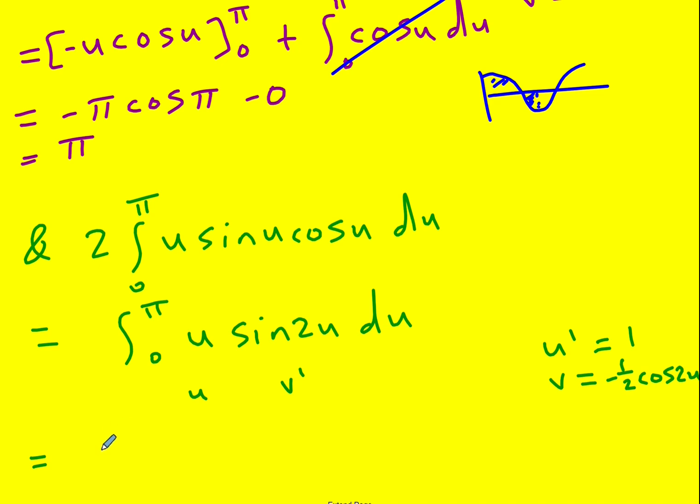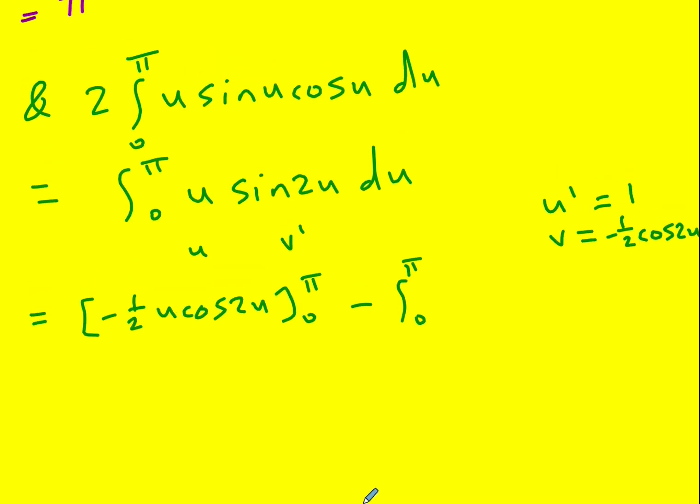So I'm going to get minus a half u cos 2u evaluated between 0 and pi, and then I'm minusing the integral 0 to pi of minus a half cos 2u. Because it's a minus again, that will become a plus. For the same reasons as before, now we've got cos 2u.